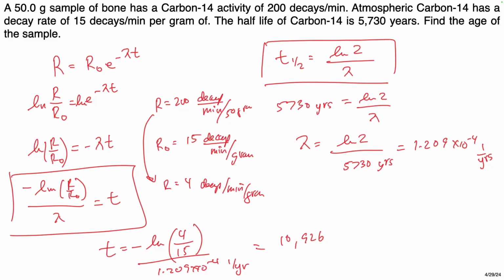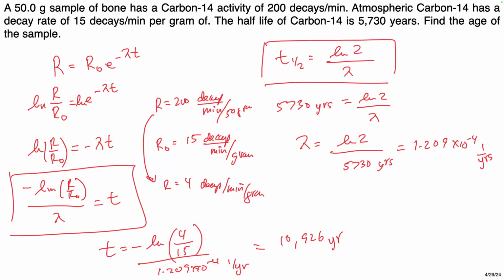So what's the moral of the story here? The units of your rates don't matter as long as they're the same, right? The problems will try to trick you. Just make sure your units end up being the same. The units of your decay constant, you don't need to convert to seconds, right? Or minute, whatever, right? If they give you a half-life in minutes, you can keep it in minutes because it's the only unit that's going to survive through all this.